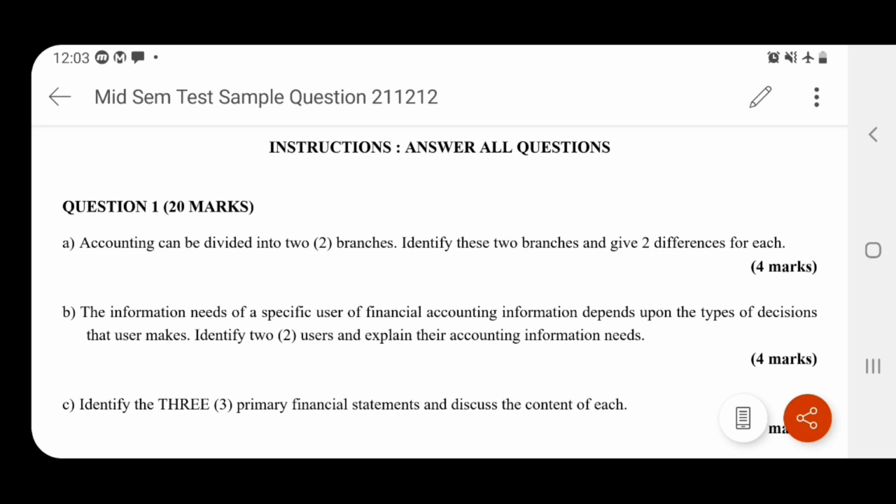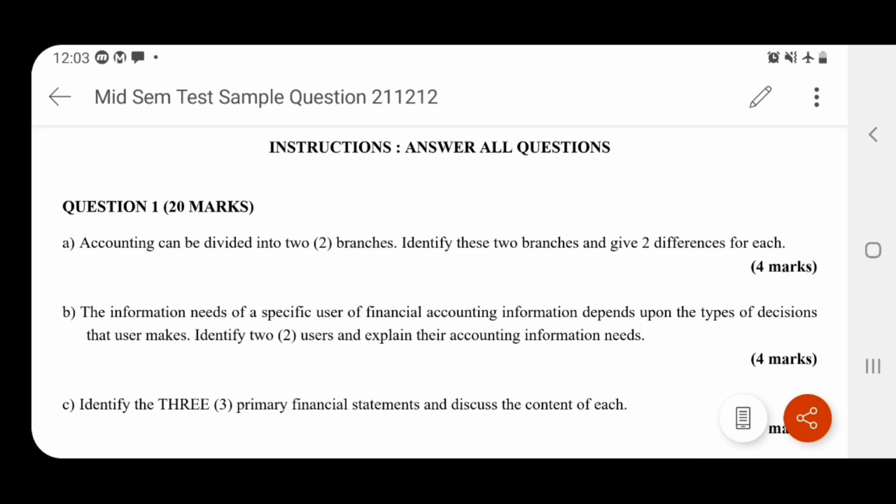And then the second part of the question asks you to identify these two branches. Okay, so we have answered that, and then give two differences for each. So you have to explain what are the two differences between financial accounting and management accounting.